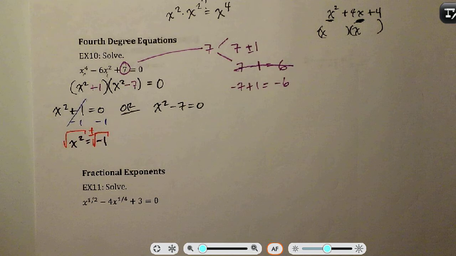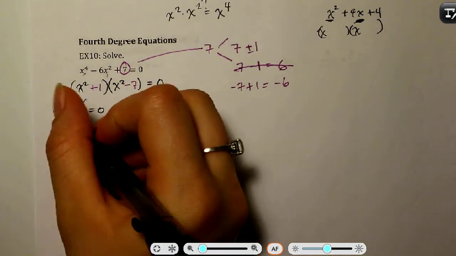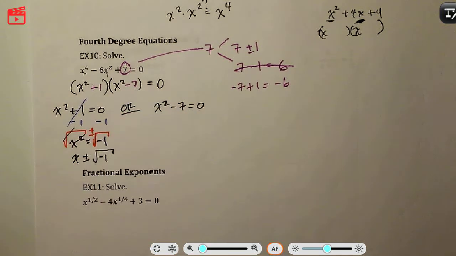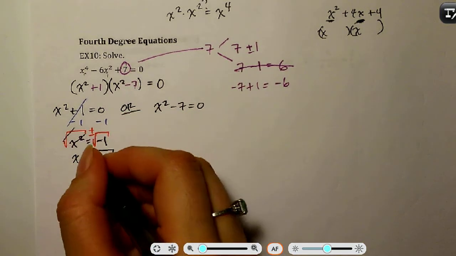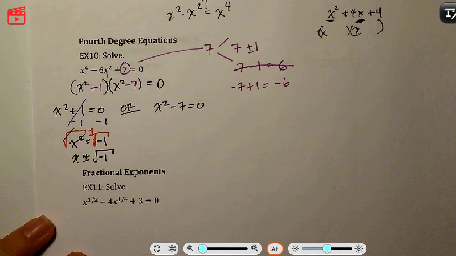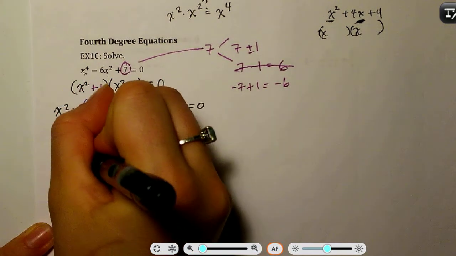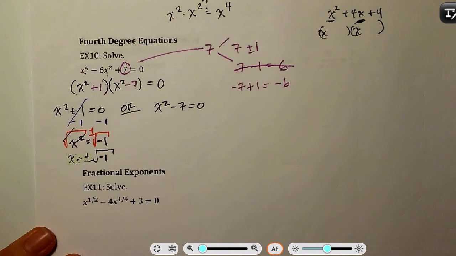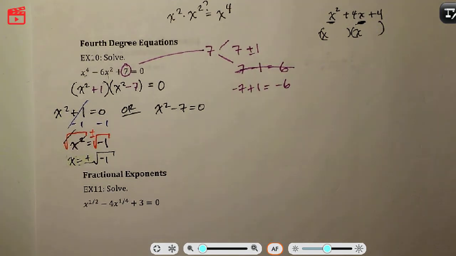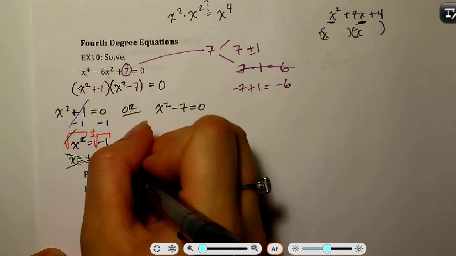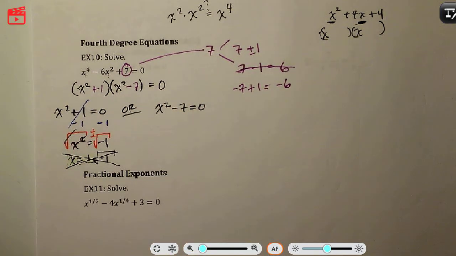That's a square root of a negative number. That does not work. Okay, so that is an extraneous answer. We cannot take the square root of a negative number. Okay, so extraneous. We're working with real numbers here.